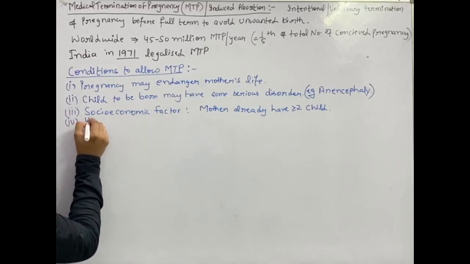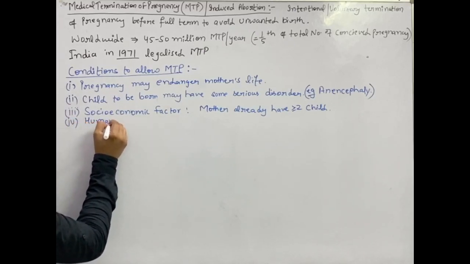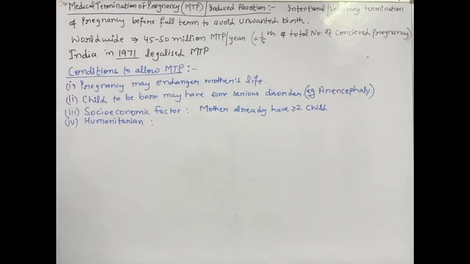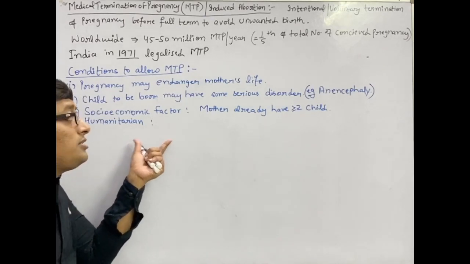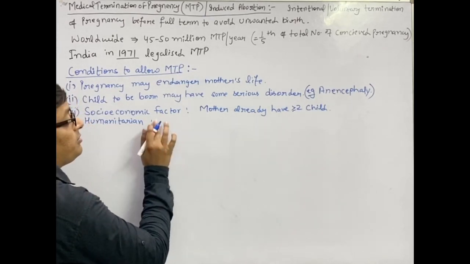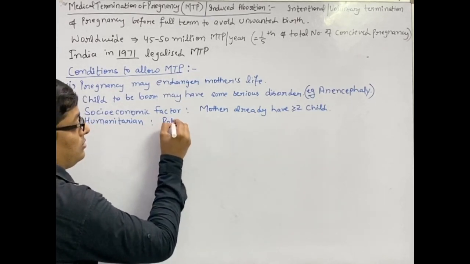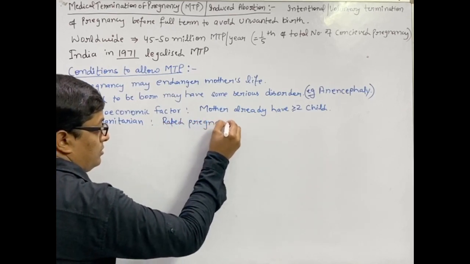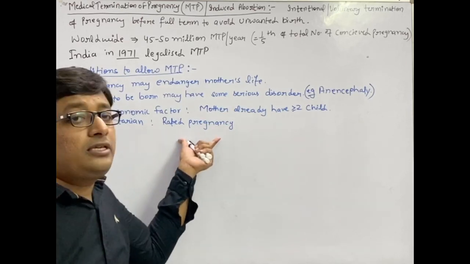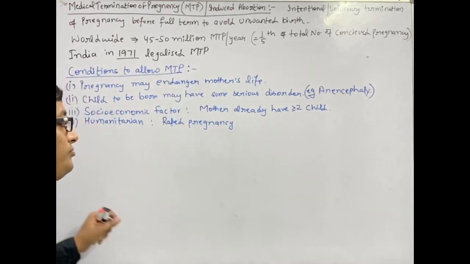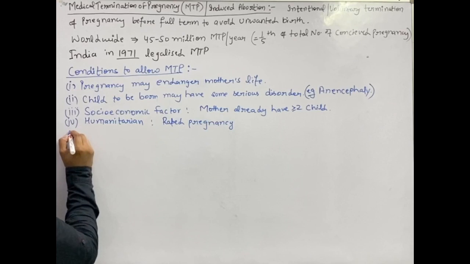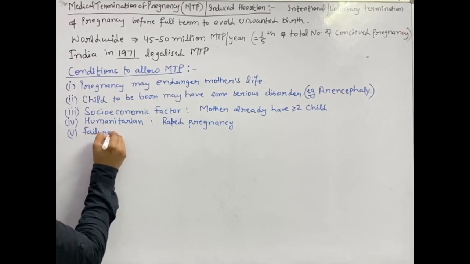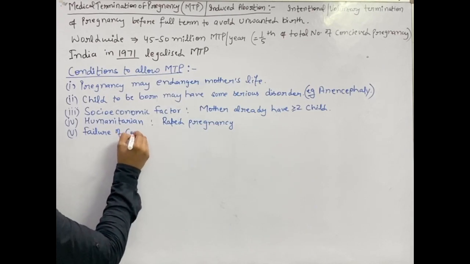And a case of humanitarian grounds, means the pregnancy can be due to sexual abuse or rape. For this we have already studied emergency contraception. Then lastly, it can be due to the failure of contraception.